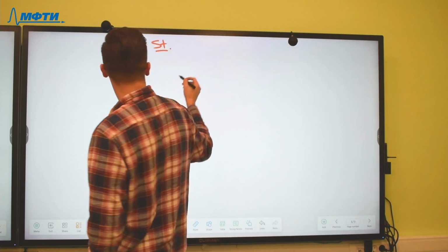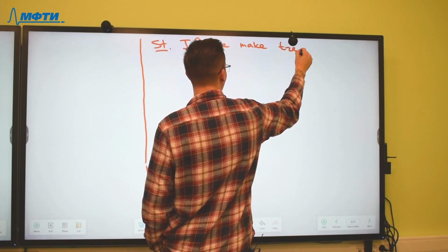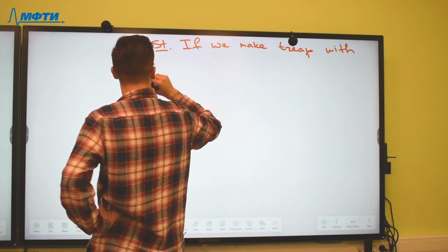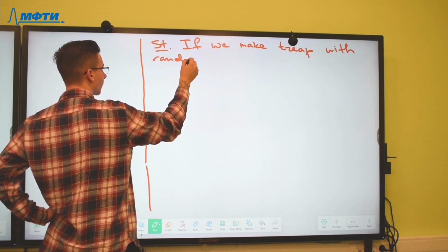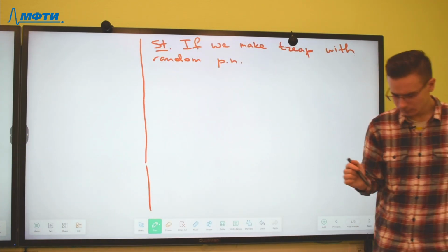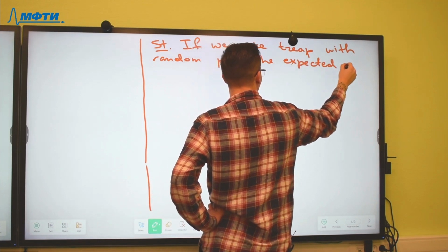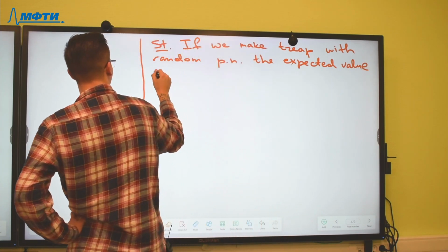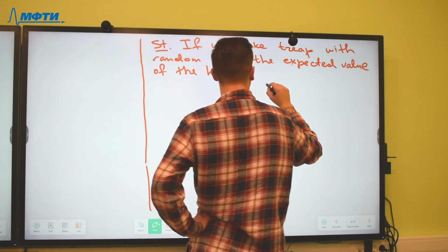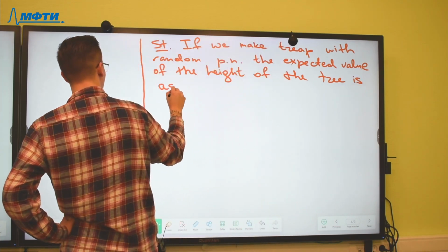So I write here that if we make a treap with random priority numbers, the expected value of the height of the tree is asymptotically logarithmic.